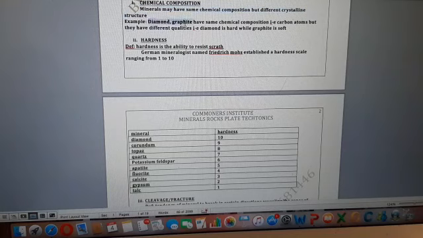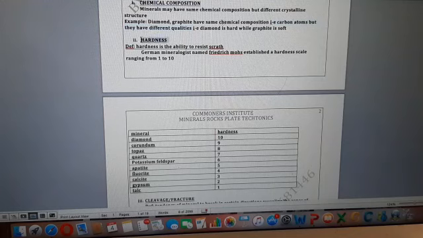If you consider diamond and graphite, as we have discussed, they have the same chemical composition, but diamond is hard and graphite is soft, and the reason is the carbon atoms are arranged in a specific manner in diamond, and that arrangement is different in graphite, though both have the same chemical composition.